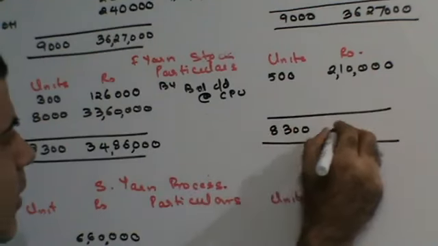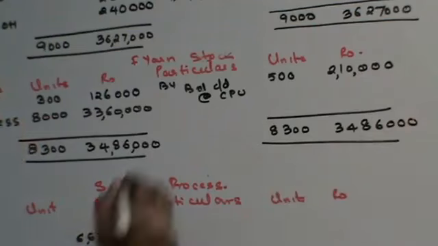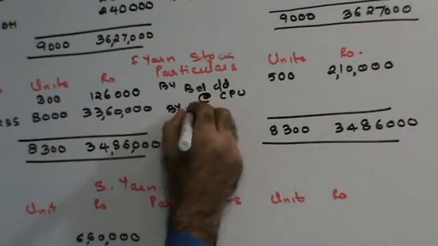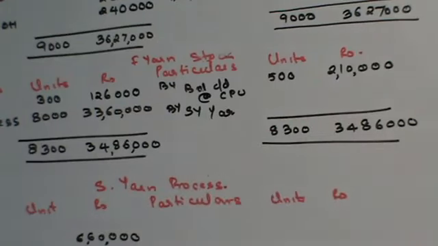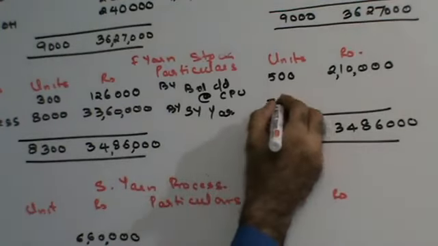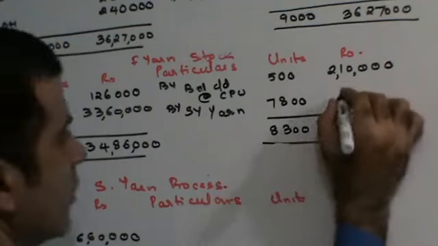8,300. This is 34,86,000. Right? The difference is going to be by SY yarn. So 8,300 minus 500 will give you 7,800. And the difference is going to be 32,76,000.